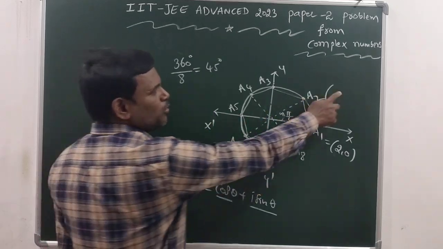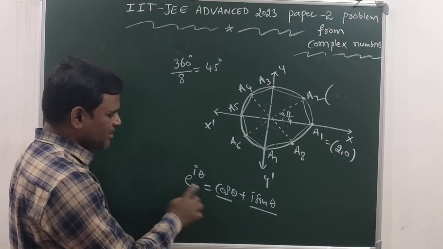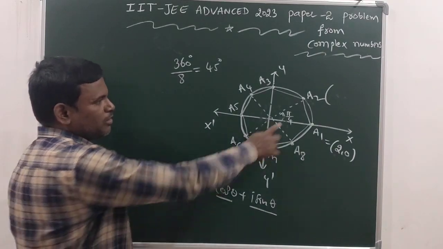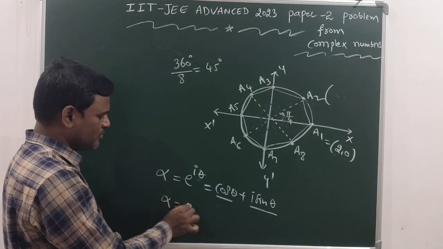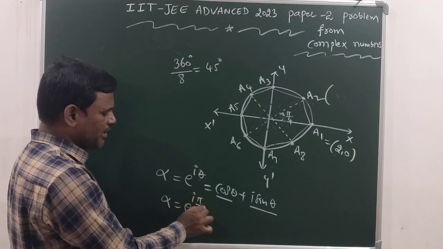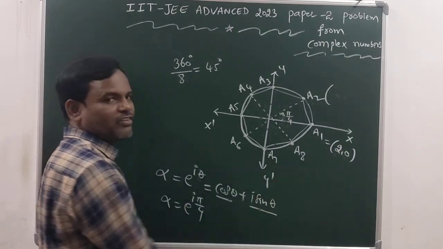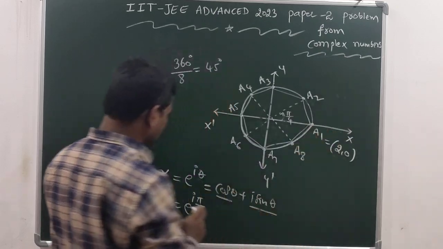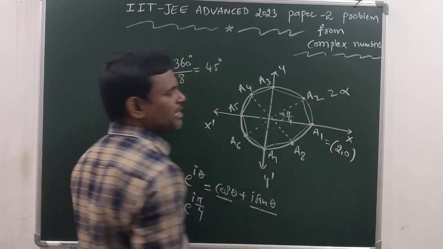Hence you have to write here 2 cos theta, 2 sin theta. Let us take this one as alpha. Now put your argument value over here, then it will become e power i 45. You can write like this. So here cos 45 plus i sin 45. So if you treat this as alpha, then it will become 2 alpha. It is better to write like that.